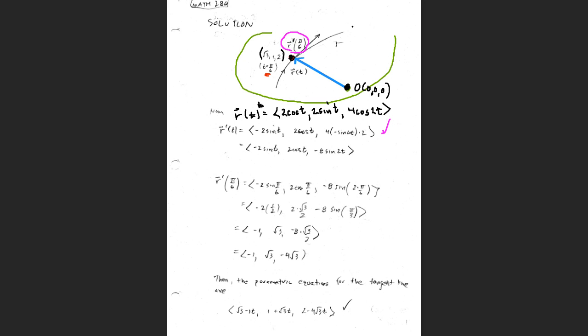So using the chain rule a little bit here to get our components for the derivative vector. And now we're going to evaluate the derivative vector at pi over 6.